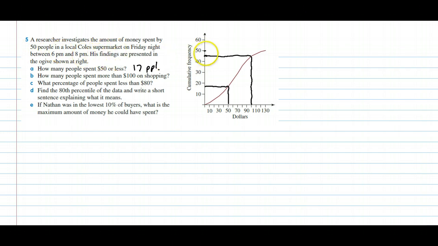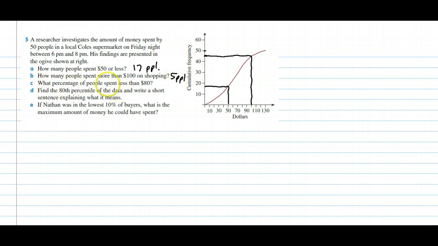So from 45 up to 50, there can only be 5 people in that gap. Again, we're interested in how many people spent more than $100 on shopping, so we're interested in the data above this point on the data line, not below it as in the previous question. There's only 5 scores above that line, from 45 up to 50. 5 scores or 5 people.